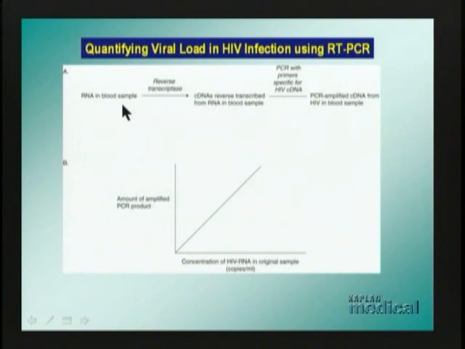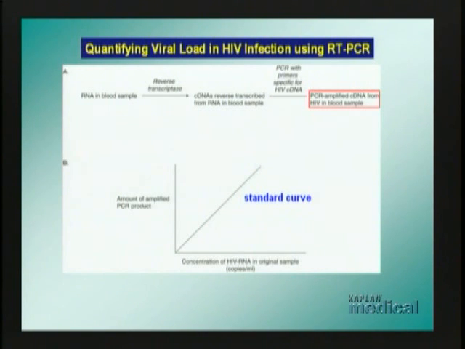And then you take the complementary DNA and PCR amplify the cDNA. So in a test tube, we take somebody's RNA, add reverse transcriptase, and make cDNA, then amplify that cDNA by PCR. Now the question is, what is the viral load? In order to determine that, we need some sort of standard curve.